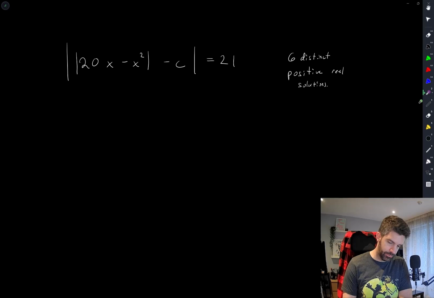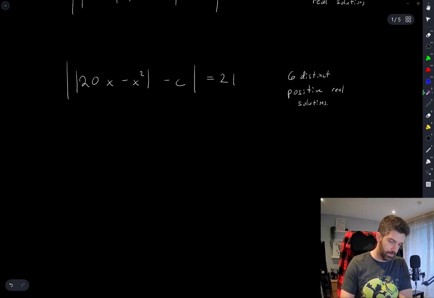And I guess the idea here now is to break it down into the case where this thing is positive or negative, then further break it down into the case where the whole thing is positive or negative. Because it's a quadratic, for each combination of things being positive or negative, there could be up to 2 solutions.